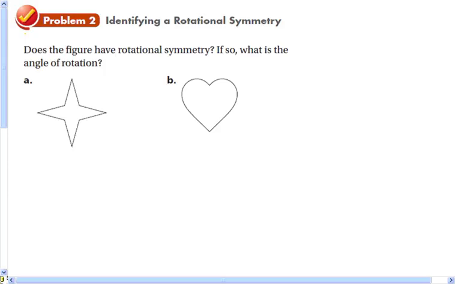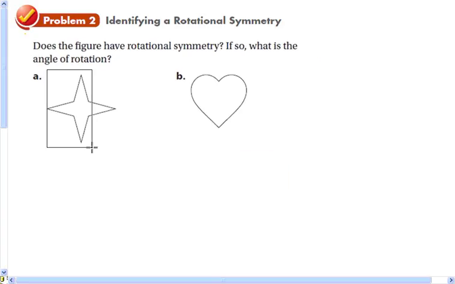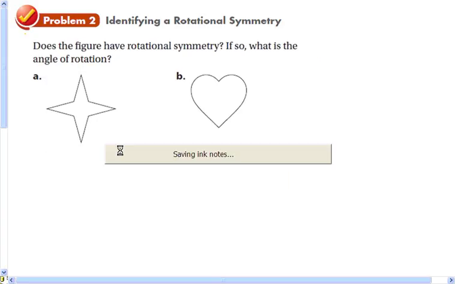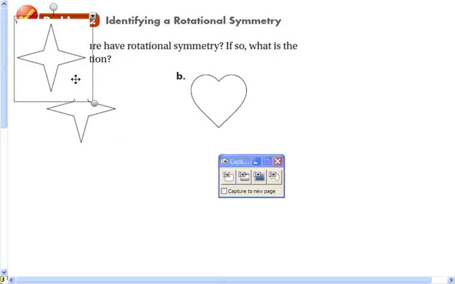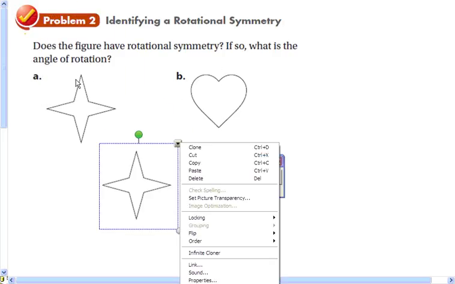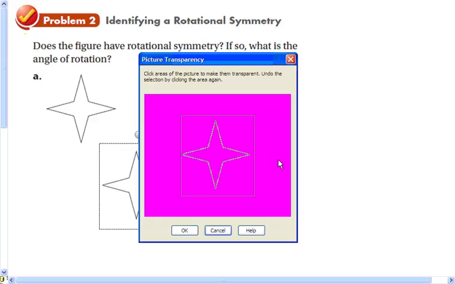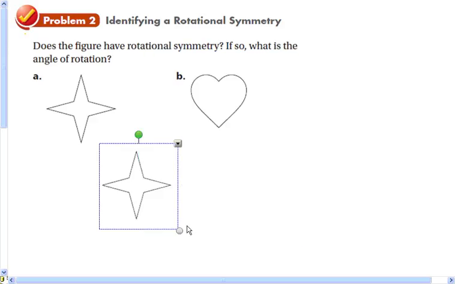So if I take this figure here, and I'll just quick take a picture of it, then we can get an idea about this a little bit better. So there's my image, and all right, now I can rotate this.